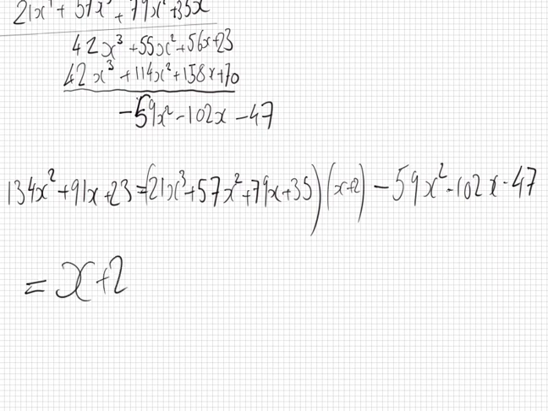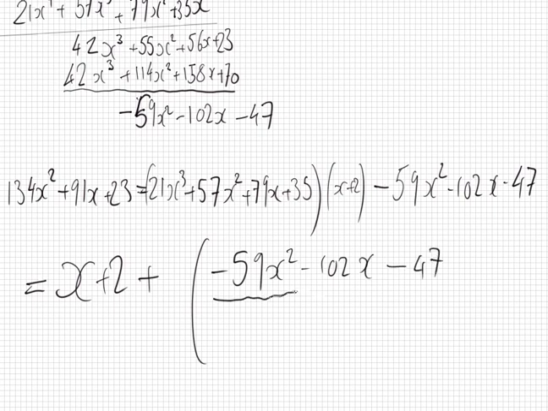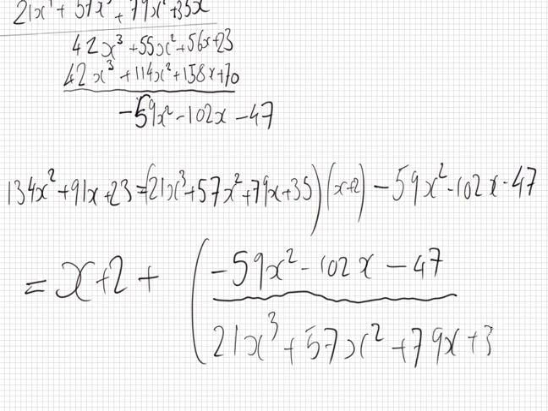And then I divide here, and I'm left with minus 59x squared minus 102x minus 47 over 21x cubed plus 57x squared plus 79x plus 35.